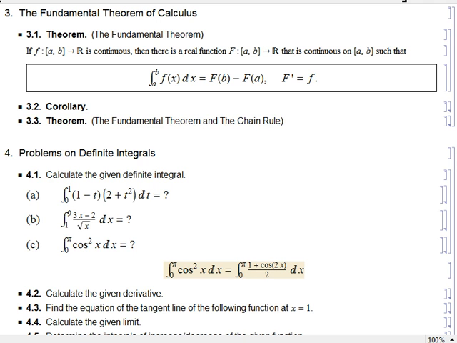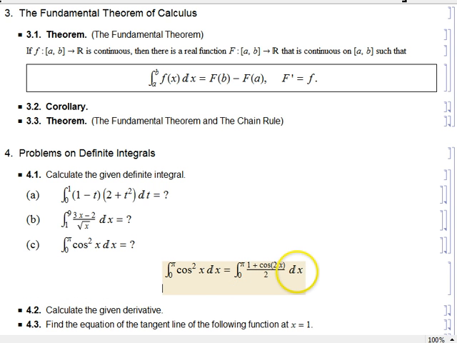So use the half angle formula or power reduction formula, whatever you may want to call it, and then re-express the inside.